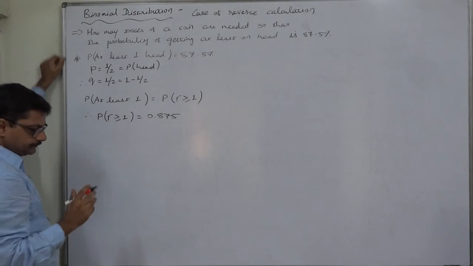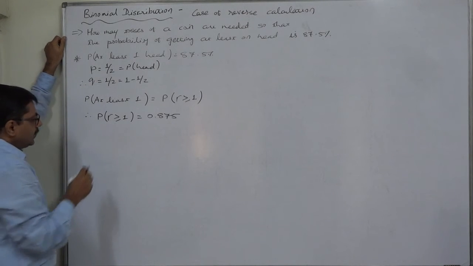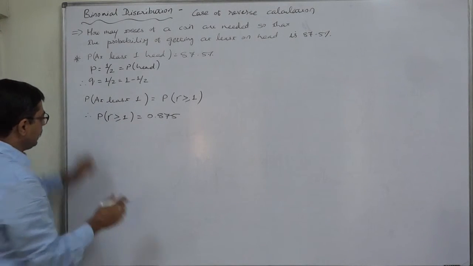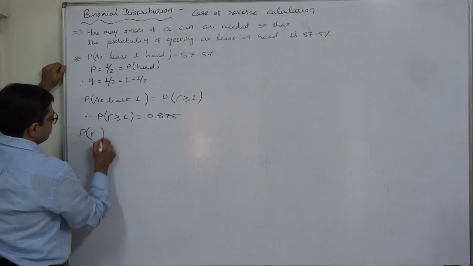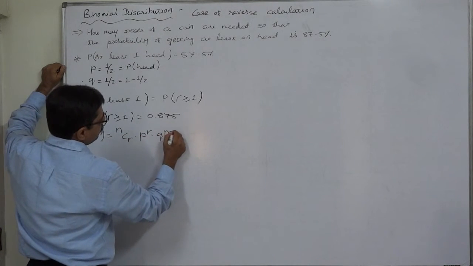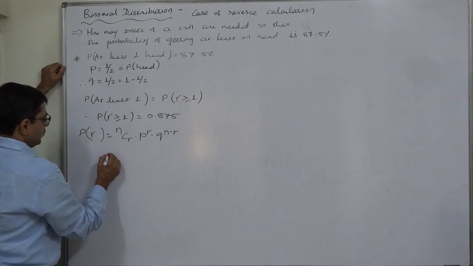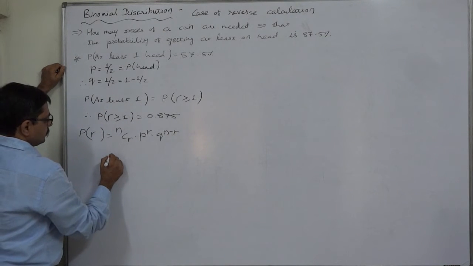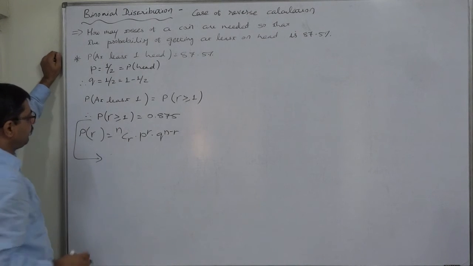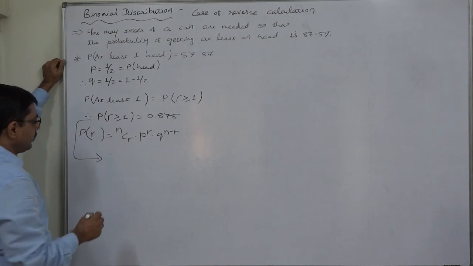Okay, no problem. If we substitute all these things in the binomial formula, that is P of R successes equals nCr into p raised to r into q raised to n minus r. What exactly is P of R greater than or equal to 1?